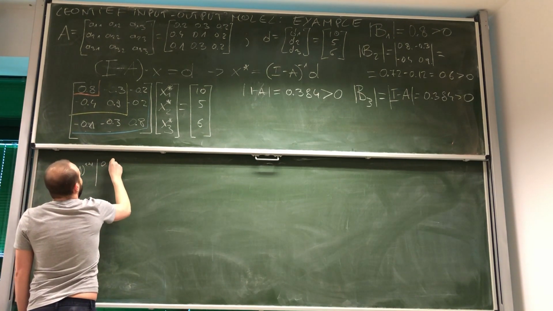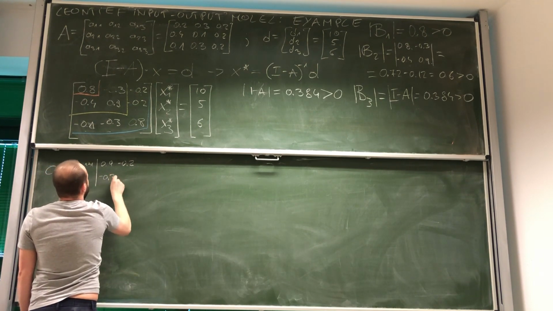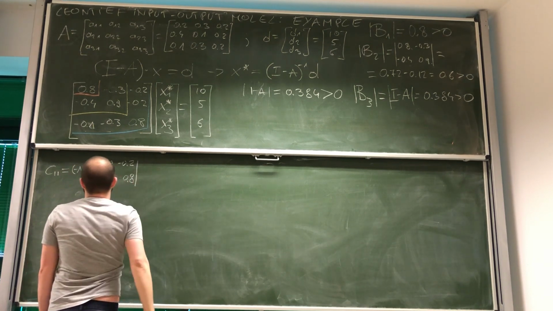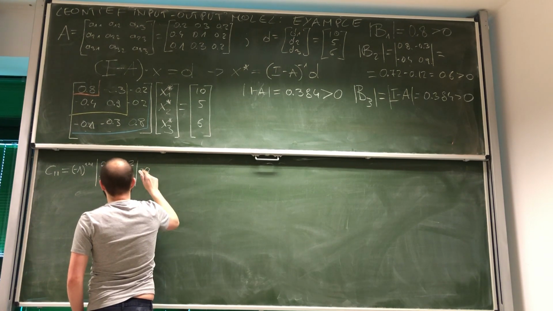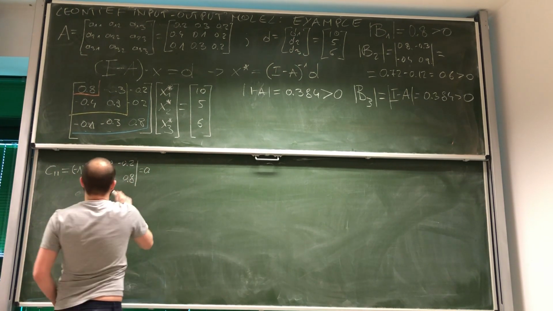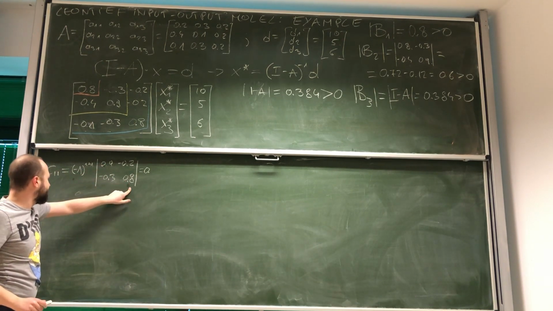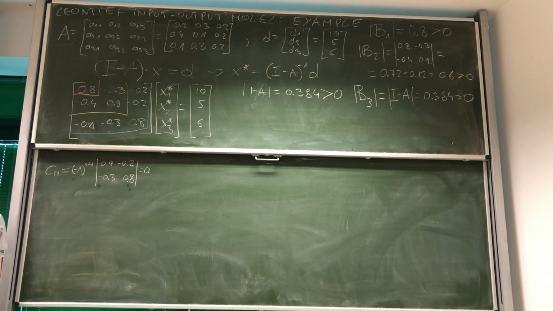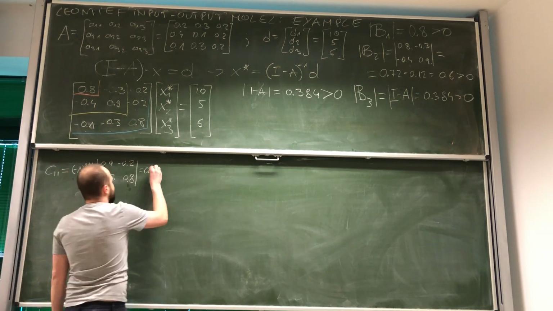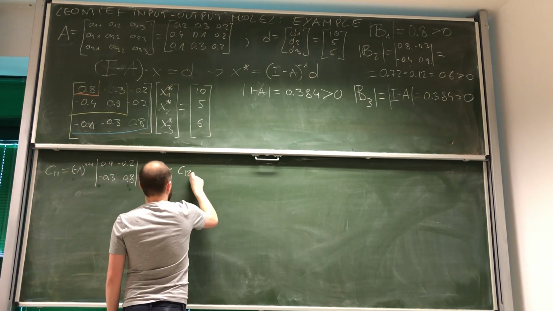So it's 0.9, negative 0.2, negative 0.3, 0.8. Okay. So this is 0.72 minus 0.06, which gives us 0.66.